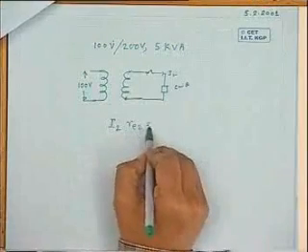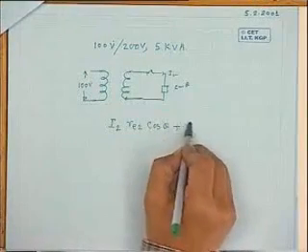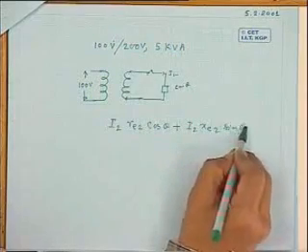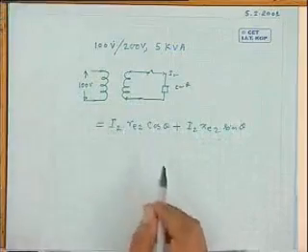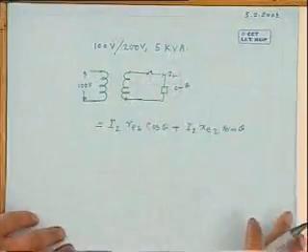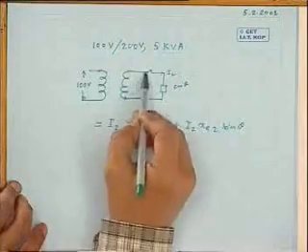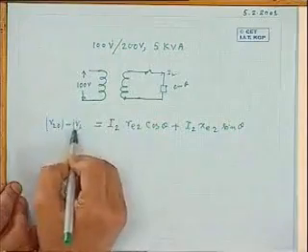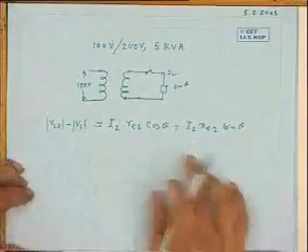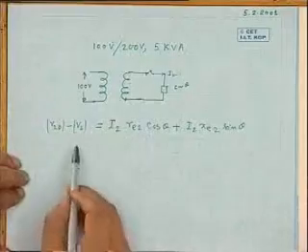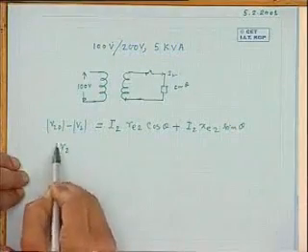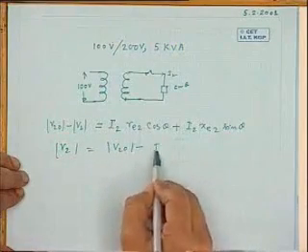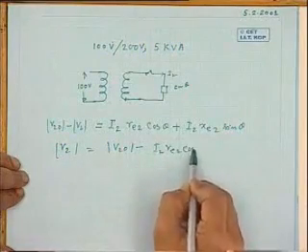That is I2 RE2 cosine theta plus I2 XE2 sine theta. This itself will be the difference of the voltage. That is, this no load voltage V20 minus V2 is this much. Straight, you will quickly calculate and tell, therefore V2 will be V20 minus this drop.